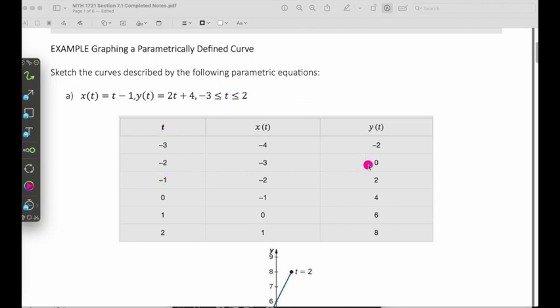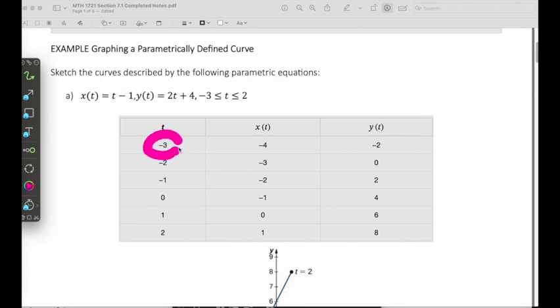Just like when we're plotting points with x's and y's, we're going to add a third column called t. We want to make sure that we stick with the restriction that's given to us, so I want to plot points including -3 and 2, and between -3 and 2. Here are those listed. Then our x and y coordinates depend on this value of t.